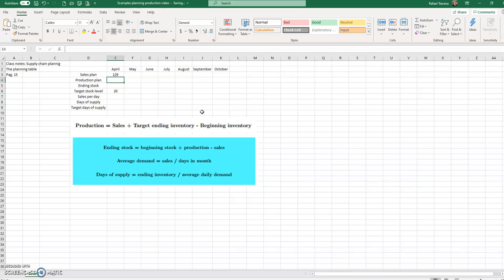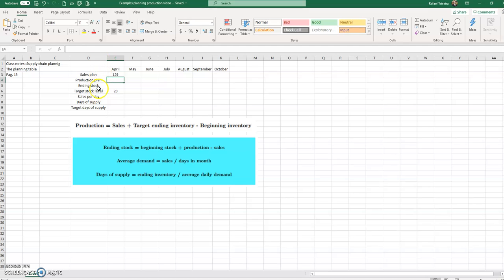Now we can compute the production. But before computing the production, let me clarify what the beginning inventory is. The beginning inventory is what is left as the end inventory from the previous month. So the beginning inventory of April is the ending inventory of March.